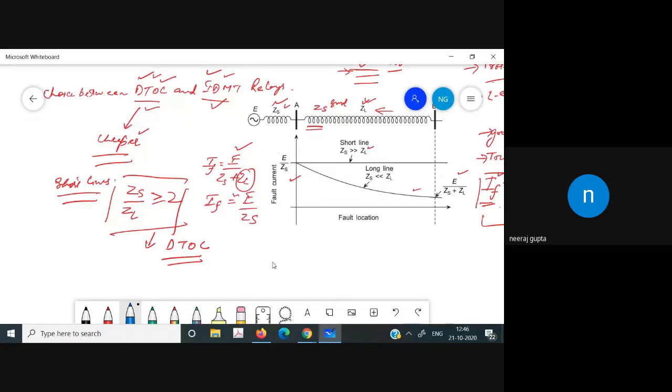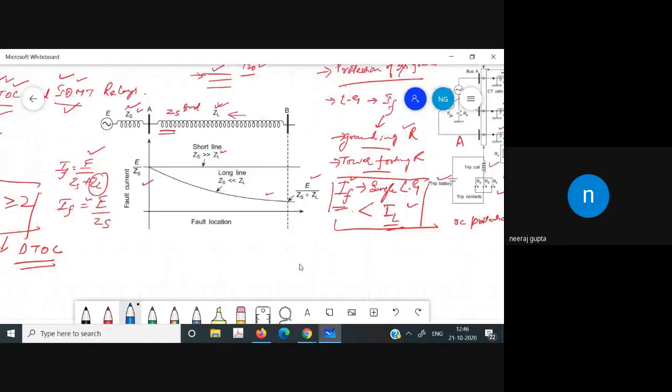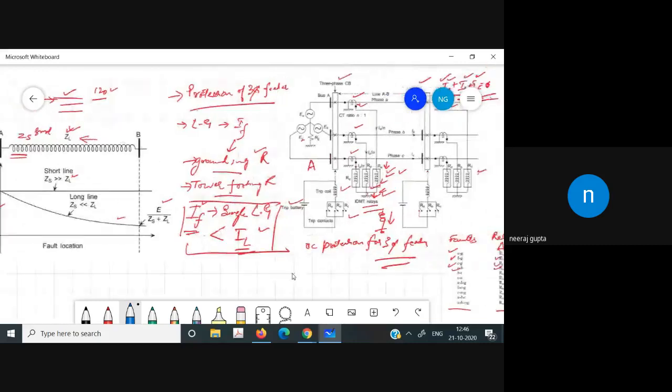In this, we discussed that for a short line, DTOC relays are cheaper and used for that purpose. Also, the inverseness of the characteristics cannot be fully exploited if we are using IDMT relays there, which are costly. Then we discussed the protection of a three-phase feeder.